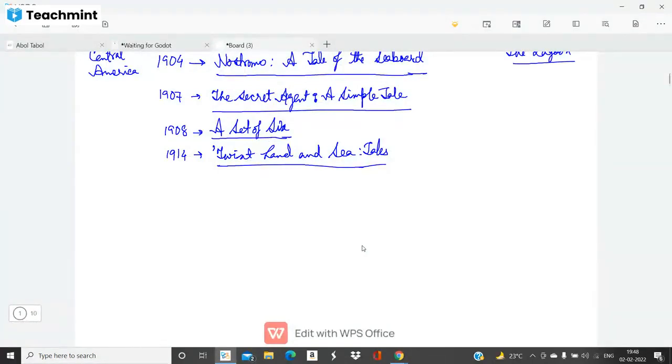Then in 1917 came out his other collection called The Shadow Line. And here there is a subtitle once again, A Confession. Here he talks about several supernatural elements, which is very significant.